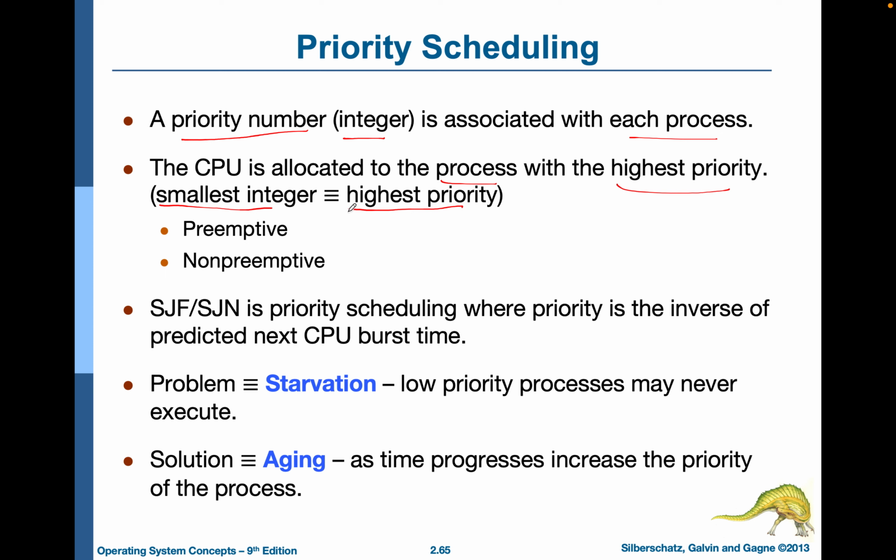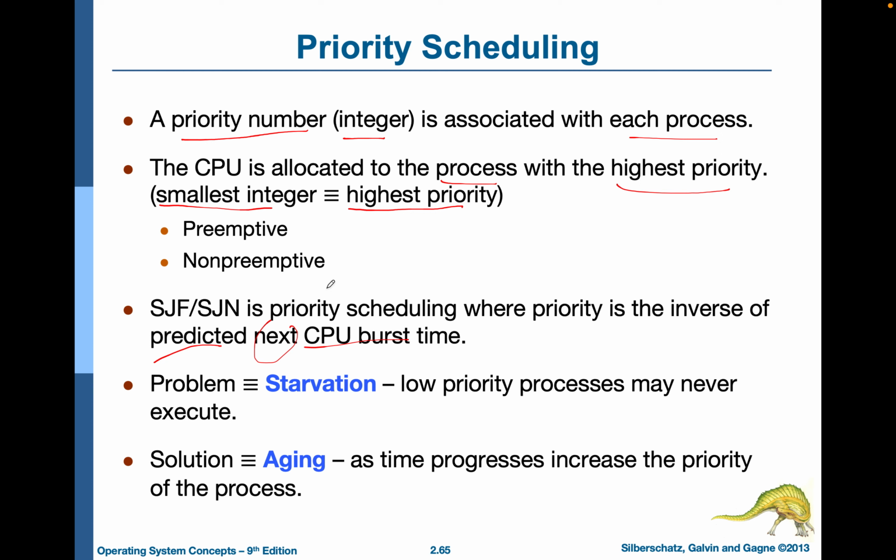It can be used for preemptive and non-preemptive. The SJF or SJN algorithm is priority scheduling where priority is the inverse of the predicted next CPU burst time.